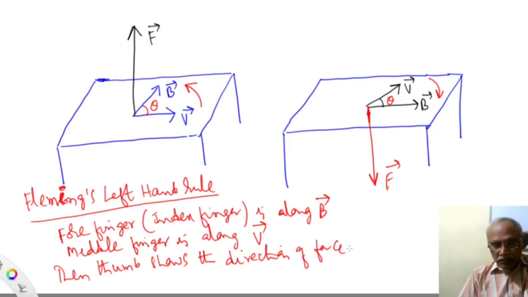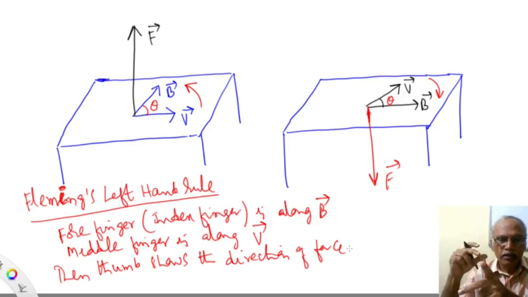So you have to stretch the left hand's middle finger, forefinger, and thumb mutually perpendicular to each other. Keep the middle finger in the direction of velocity of the positive charge.